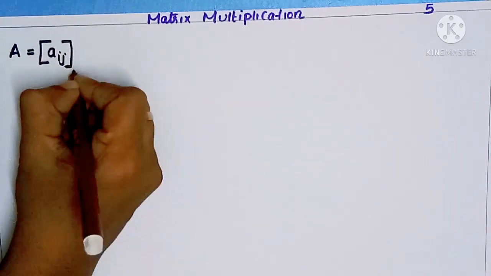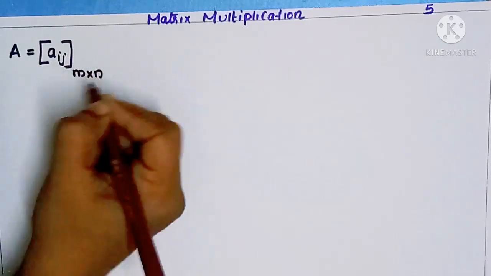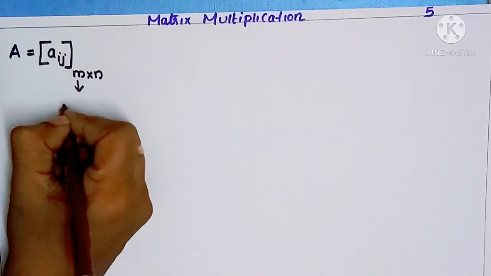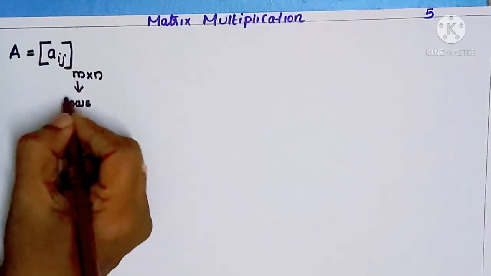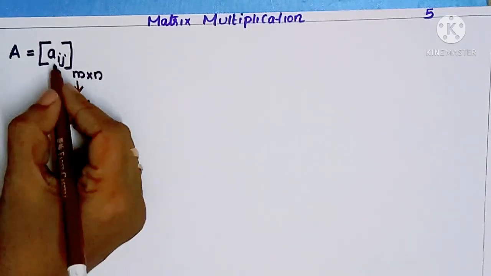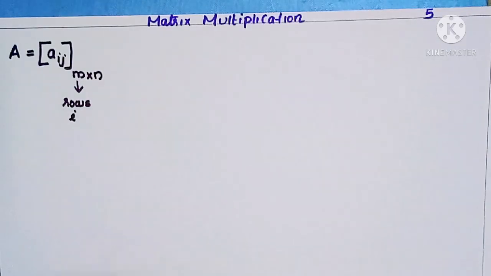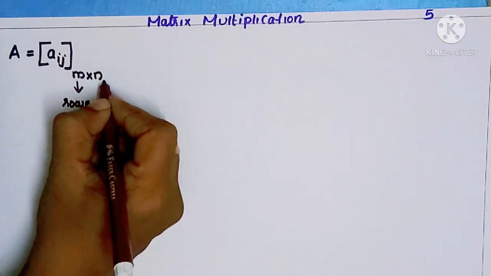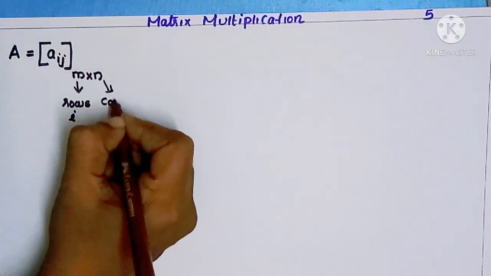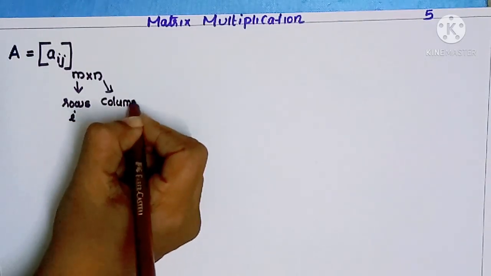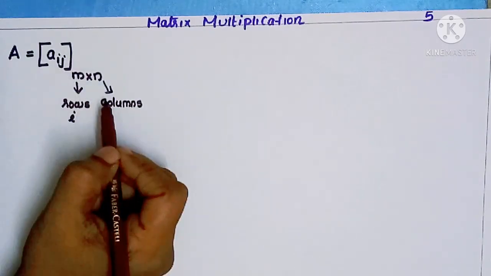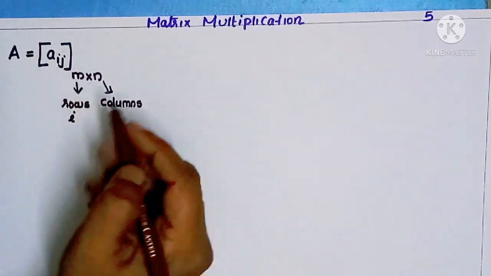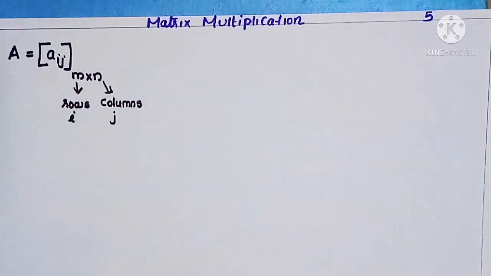Its order is M cross N. M is the number of rows, and to indicate the position of the rows I am using i. N is the number of columns, and to indicate the position of the column of each element, I am using the small letter j.